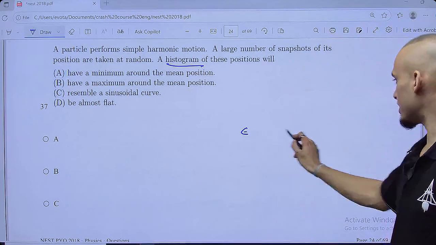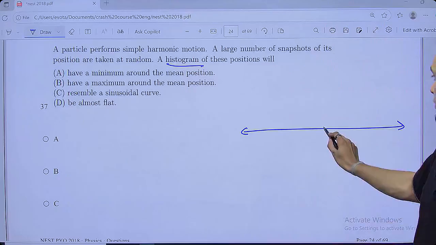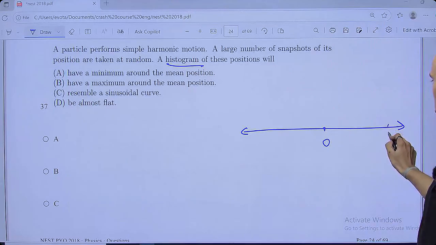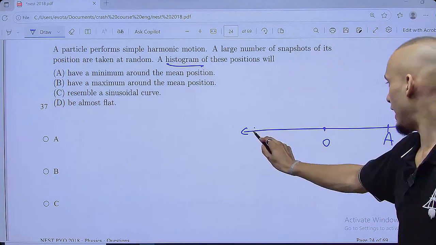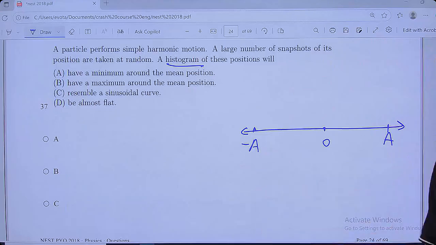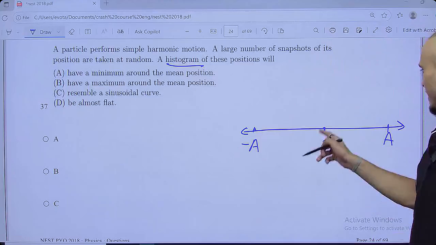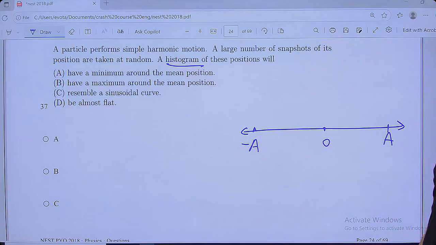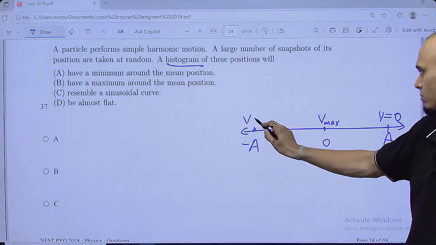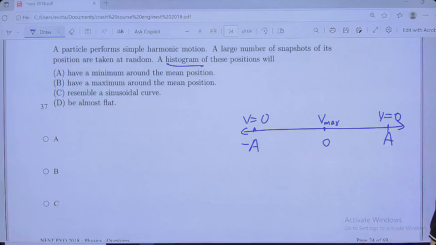So if this is the x-axis, starting from the mean position to some amplitude a and negative amplitude minus of a, the particle is performing SHM. We know at x equal to 0, the velocity is maximum, and at x equal to the extremum, the velocity is 0.